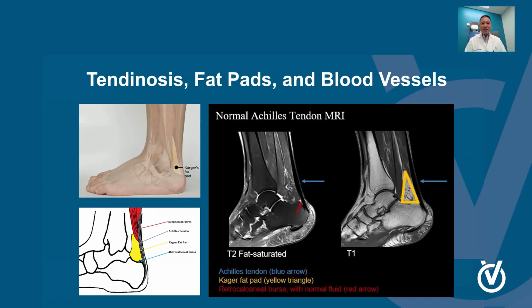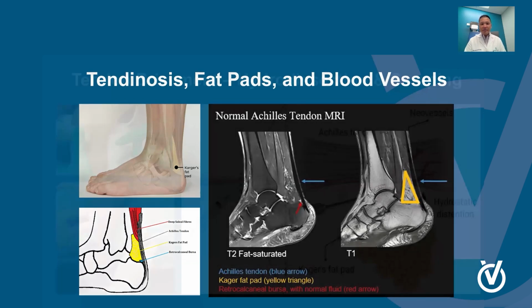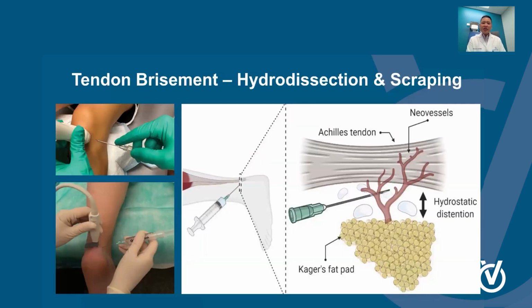And you're left with these abnormal neovessels, as we call them. Neovessel means new blood vessels that are sprouting from the fat pad into that tendon, basically further worsening the situation.